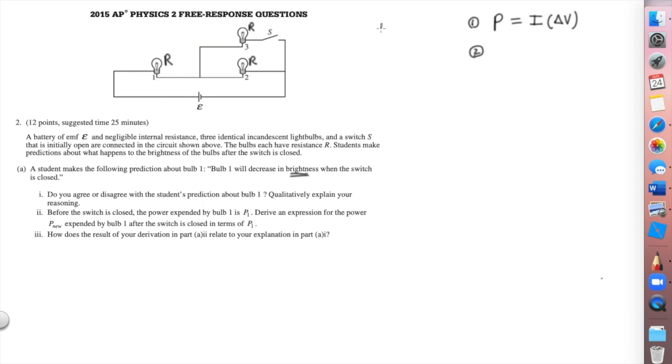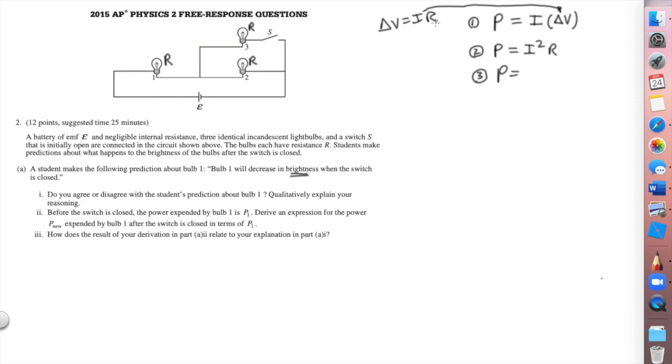Ohm's law is delta V equals IR. If you substitute this in, you get P equals I squared R. And the other way, you could take Ohm's law and plug in for voltage, and that gives you this equation.